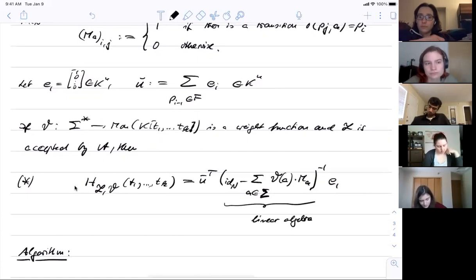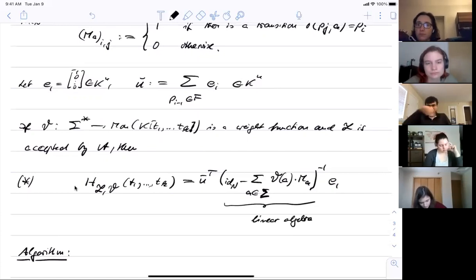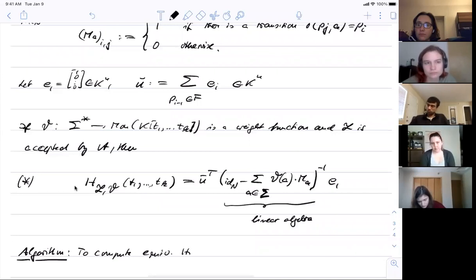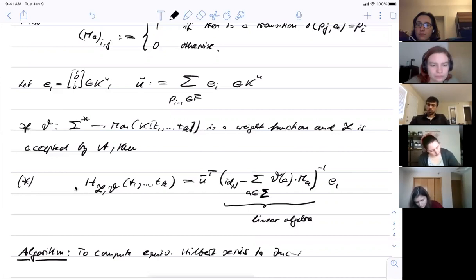So let me summarize the steps we have taken. We want to compute the equivariant Hilbert series of some ink invariant chain.